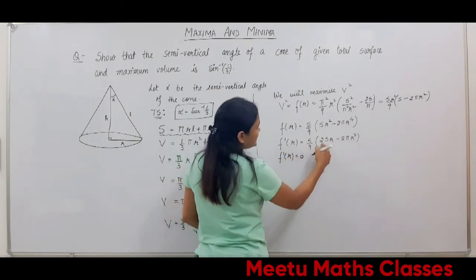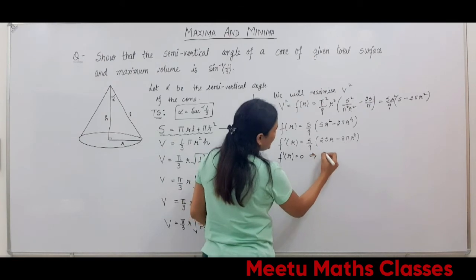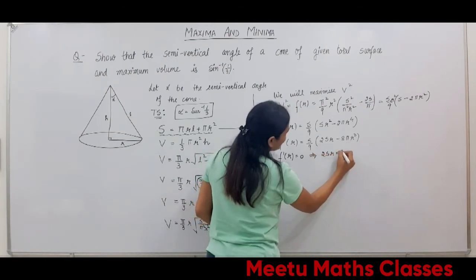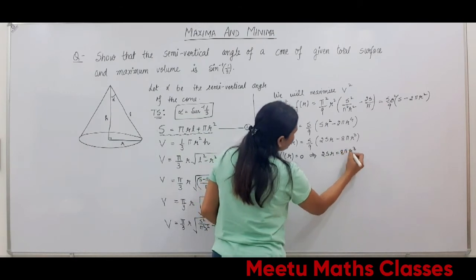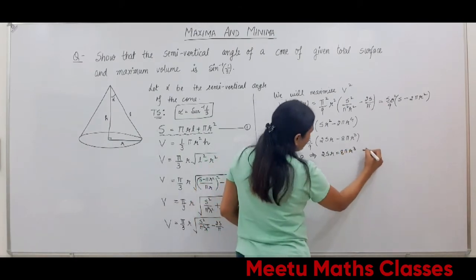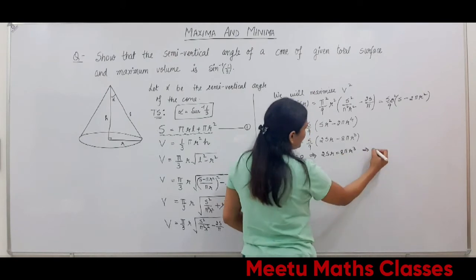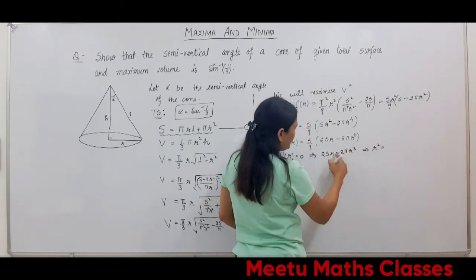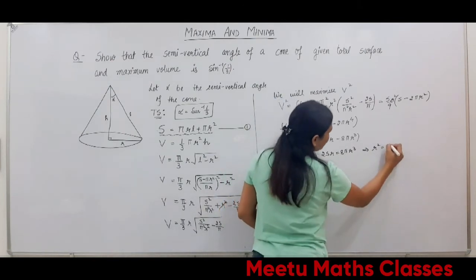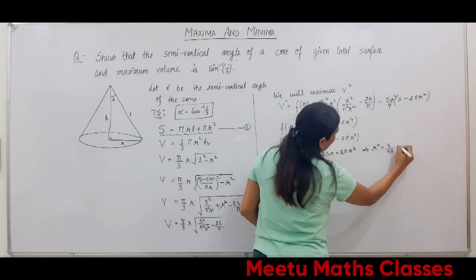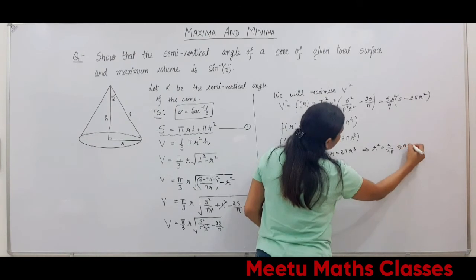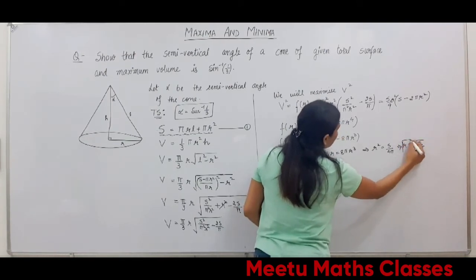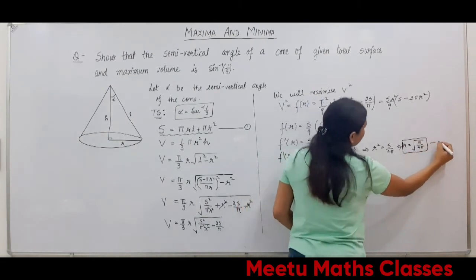So this will be 0, which will imply that 2 s r is equal to 8 pi r cube. That implies your r square will be s by 4 pi, and your r will be equal to root of s by 4 pi, and this is your critical point.